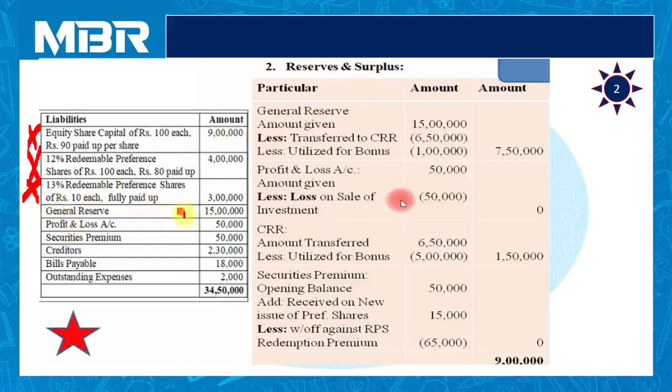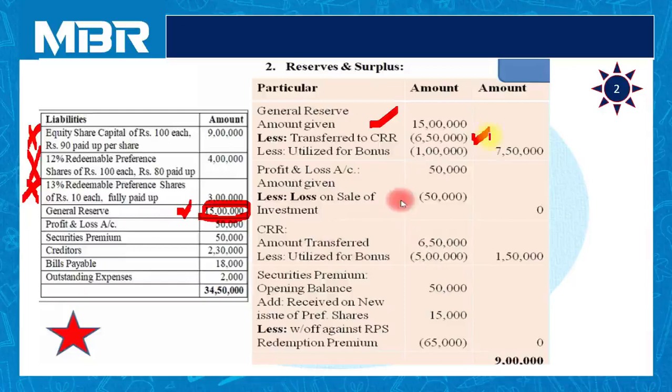The first reserves and surplus item is given to us in the form of general reserve. Just check the amount given to us in the balance sheet of the question for general reserve: rupees 15 lakhs. Now recall the entire process of RPS redemption. At the time of passing the entry of arrangement of the fund, that is step number 3, we have transferred rupees 6,50,000 to CRR. So from that 15 lakhs, 6,50,000 is deducted.